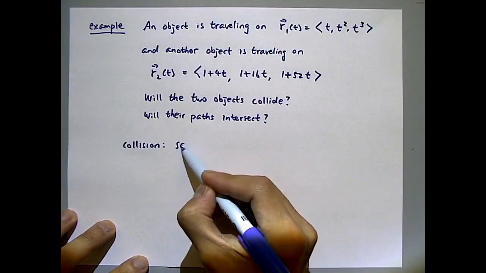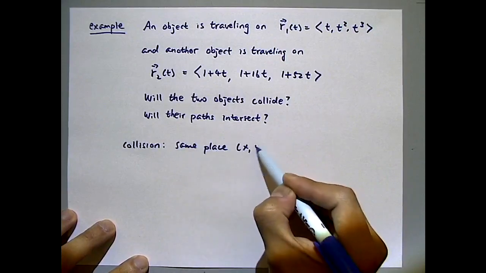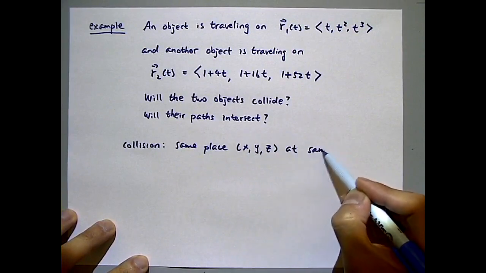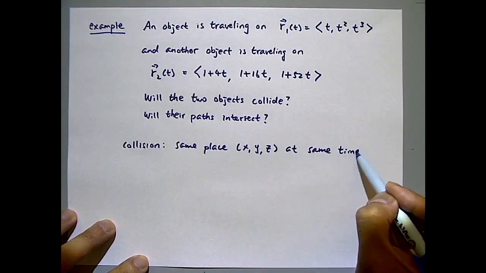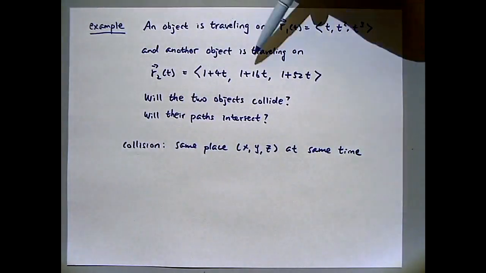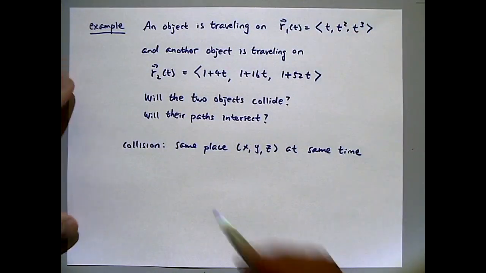Remember, collision means same place. That means x, y, and z at the same time. So we're going to take the x component of this first space curve, make it equal to x of the second one, take the y of the first, make it equal to y of the second, and same thing with z, and solve for t.